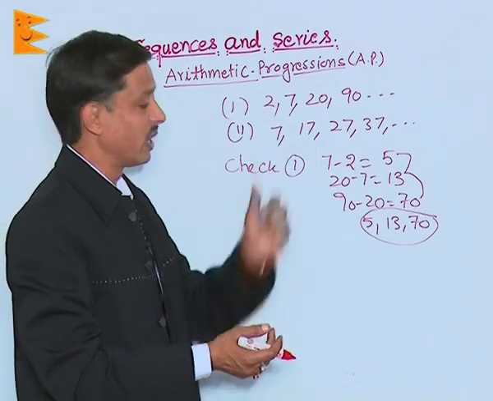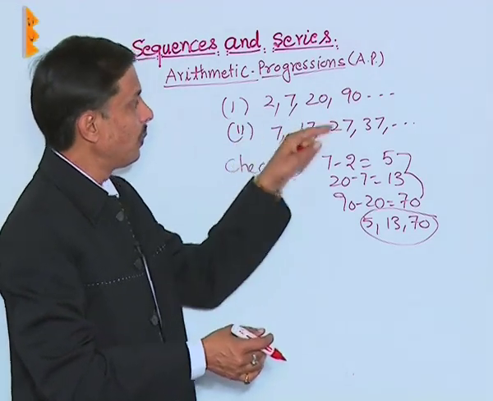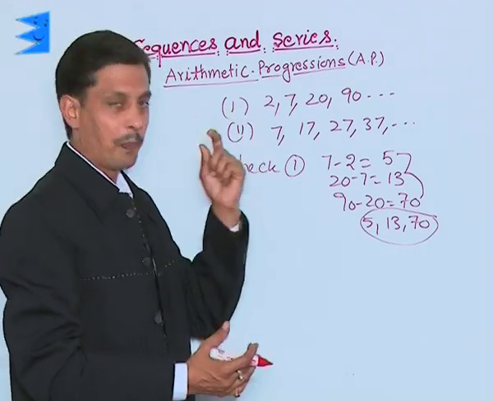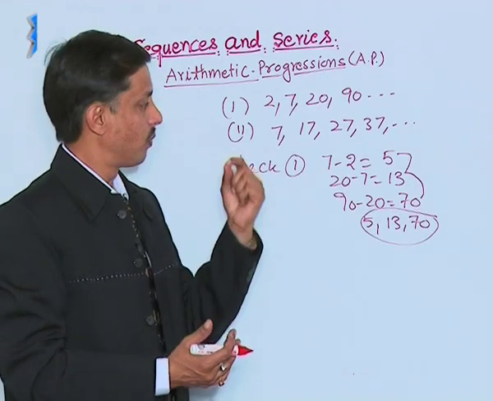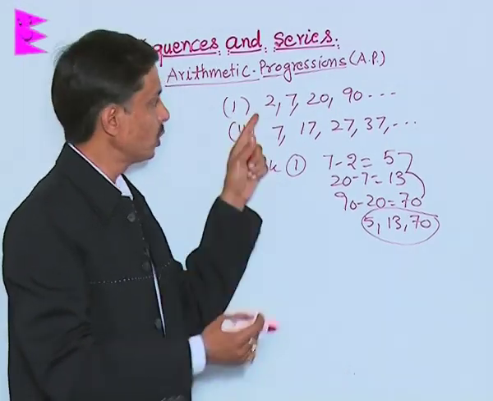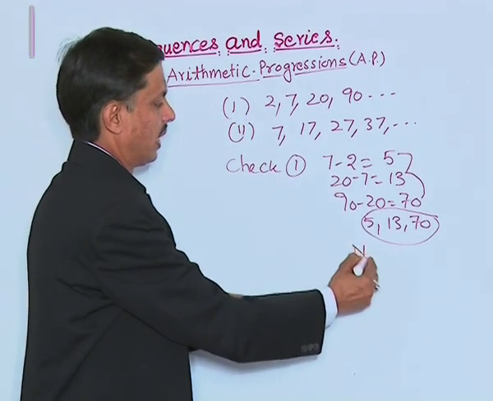This is only a sequence. It may be formulated with some other specification, but the property of AP of maintaining an equal common difference is not maintained here. So the first one is not an AP.